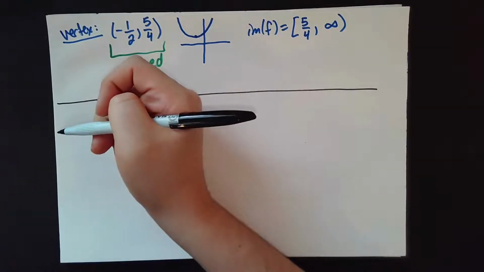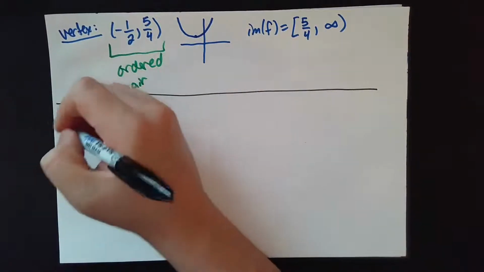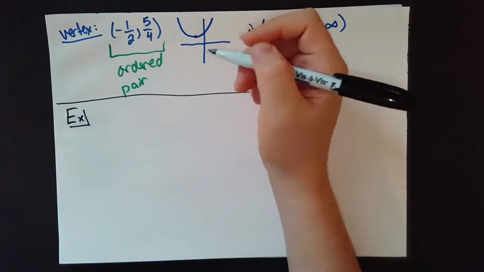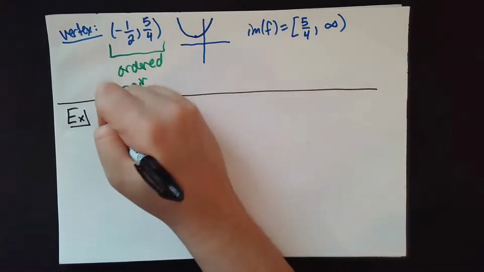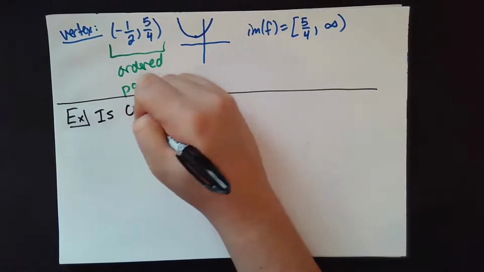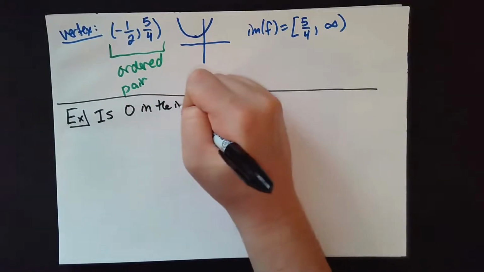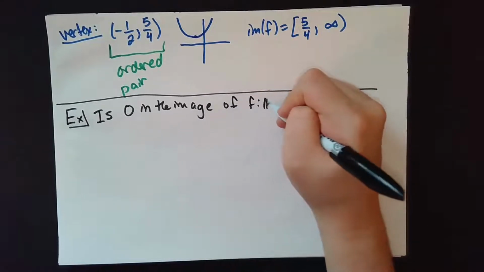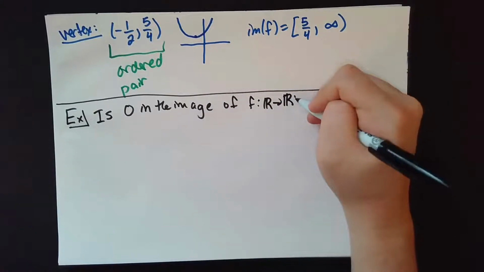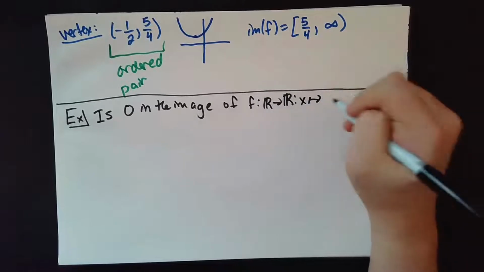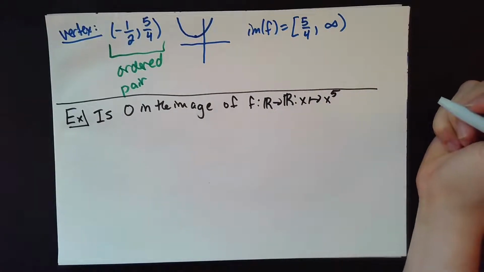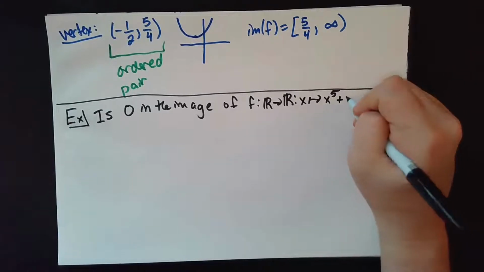Continuing on the theme of calculusy stuff for just a moment, I wanted to show you one particular thing that shows up a lot. So you might be asked something like, is 0 in the image of this function? Plus x minus 1.